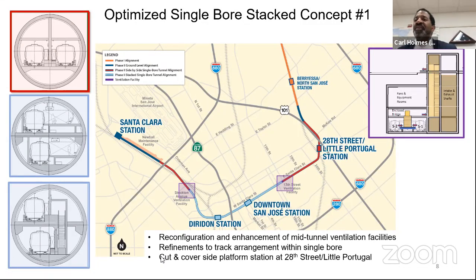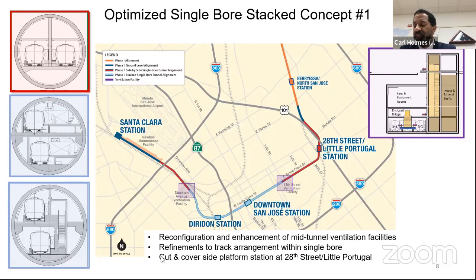Yes. Sorry for the echo. The answer is yes. BART is excited about both concepts, and we plan to work collaboratively on the engineering and estimating of both of those concepts. And that would include, of course, limiting the stacked portion of it to the 12,500 lineal feet or thereabouts.